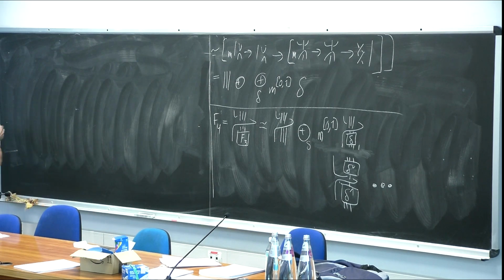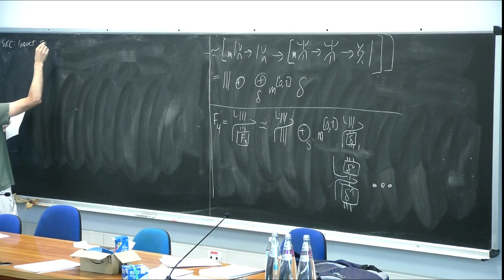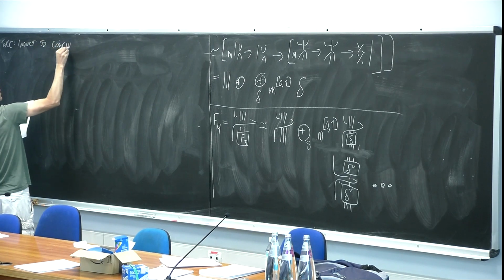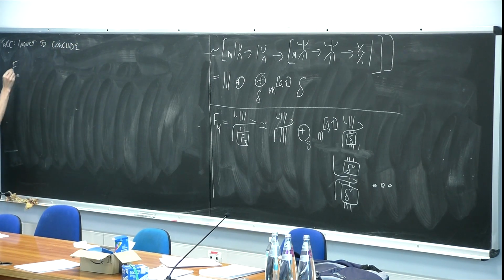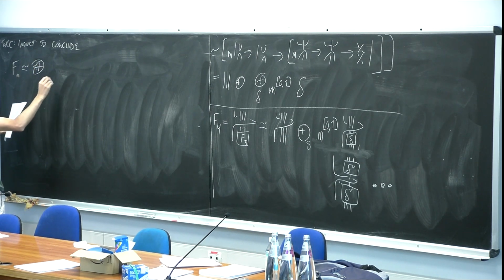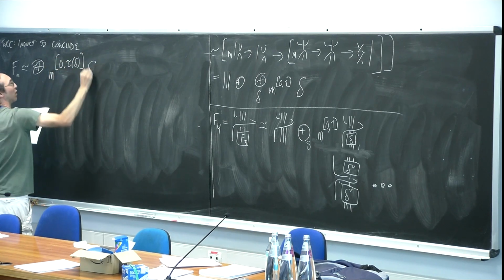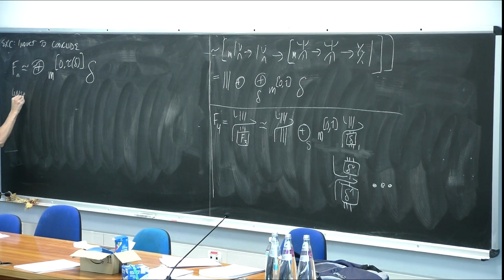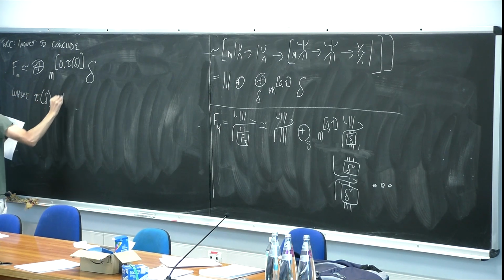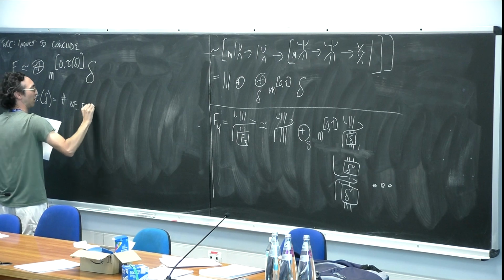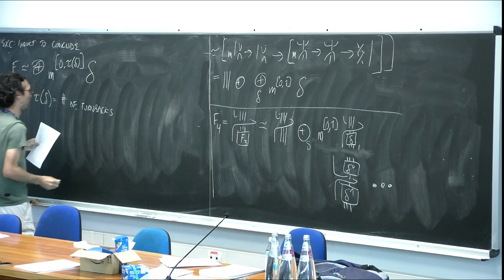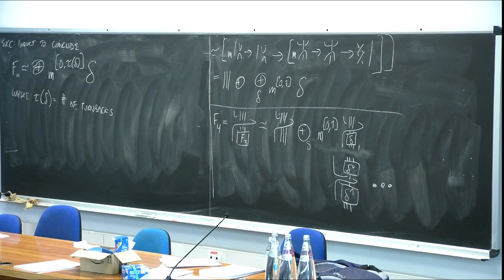The general statement that I'm interested in here, exercise: induct to conclude that the full twist is a bunch of diagrams of the form, where these M shifts are actually counting how many turnbacks there are.